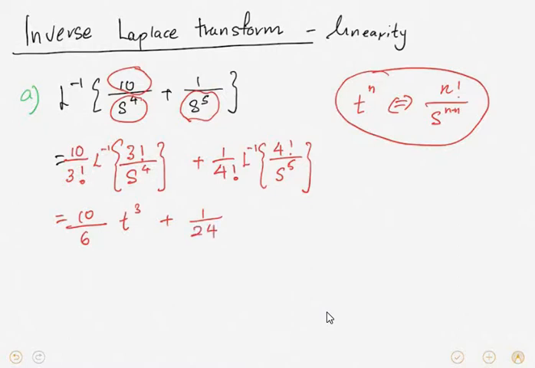The inverse Laplace transform of 4 factorial divided by s power of 5 gives t power of 4. So we can solve this one. Okay, this is the answer.